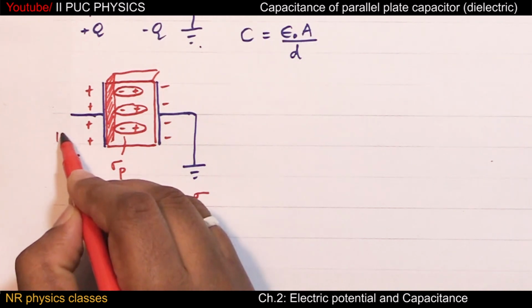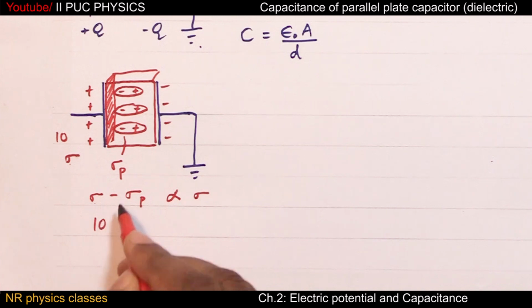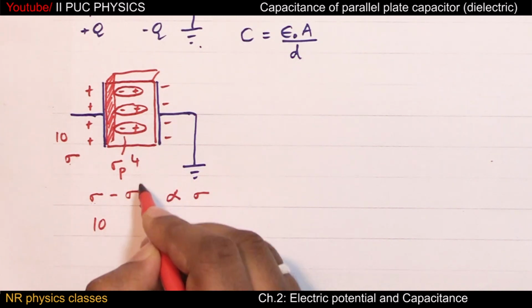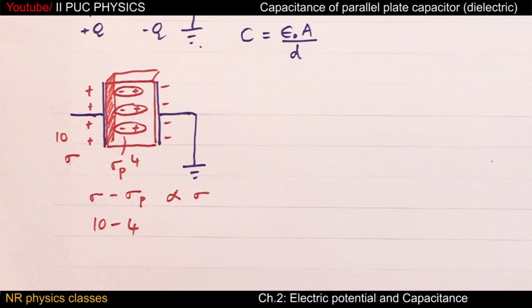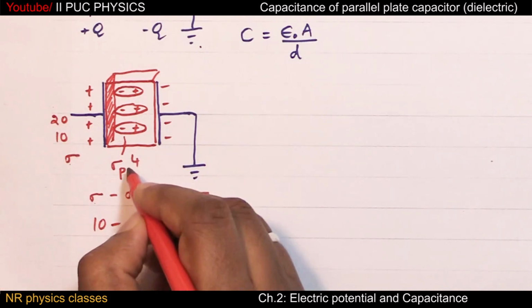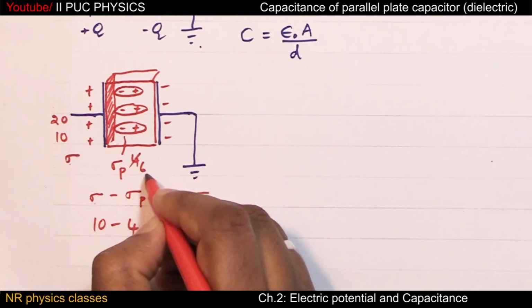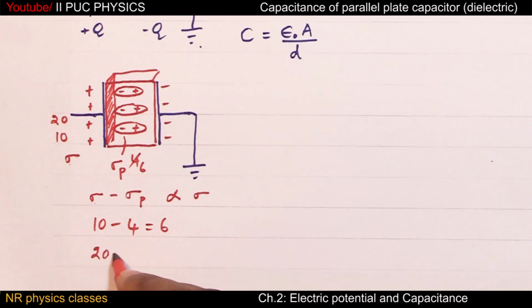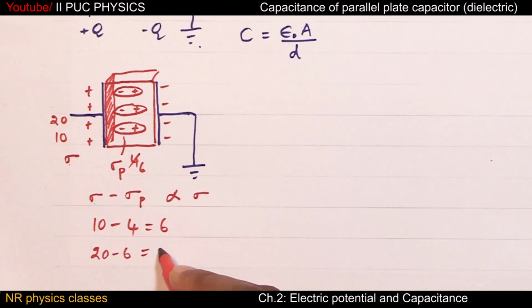Suppose applied is 10 units, induced is 4 units, minus 4. So resultant is 6. Now applied is increased to 20 units. Then the sigma p may become 6. So 20 minus 6 equal to 14.